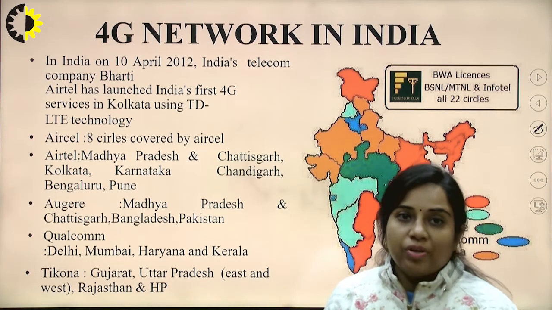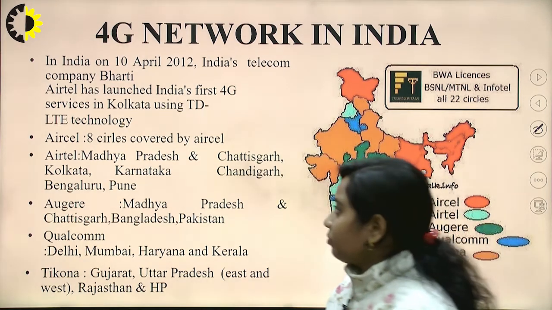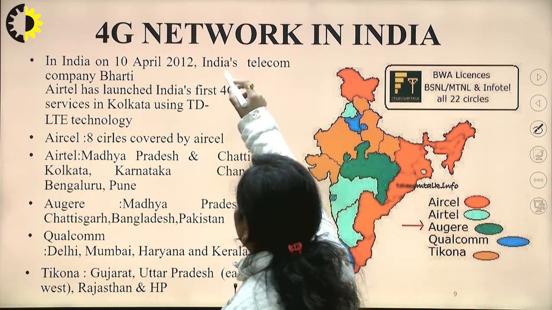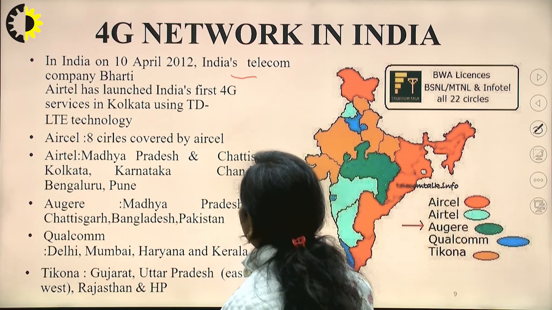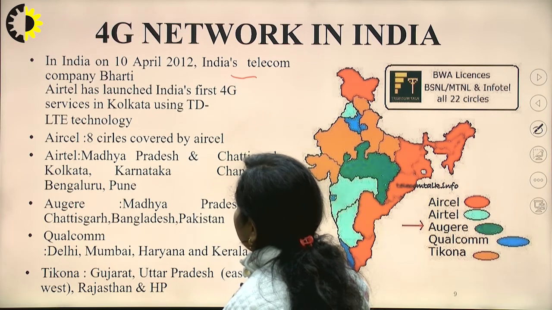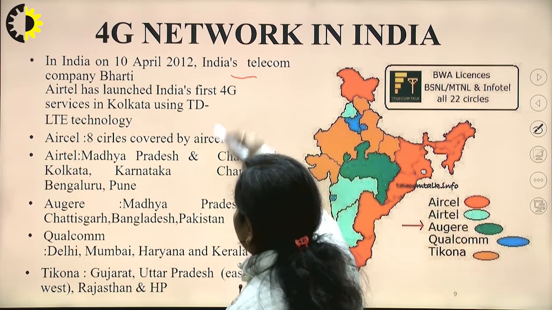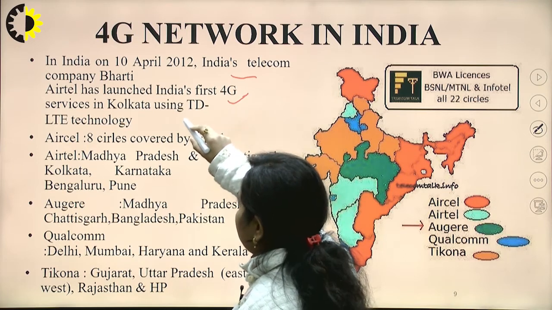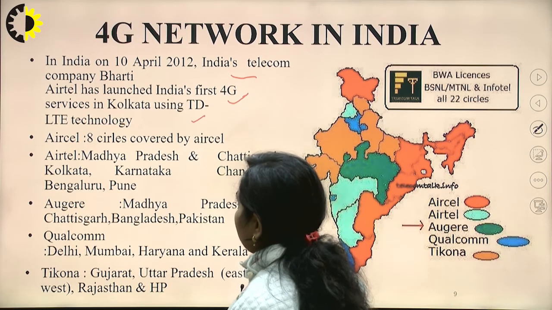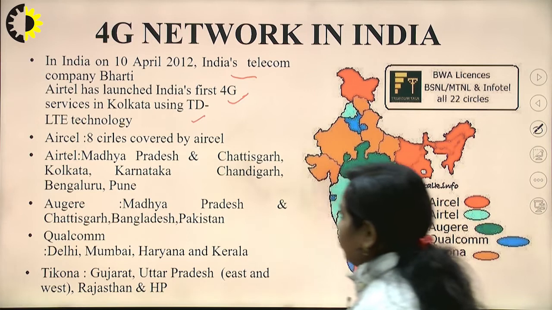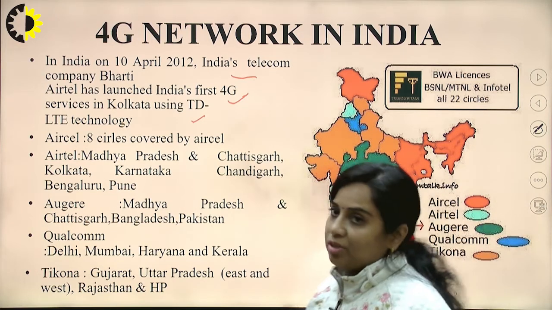Now, fourth generation network in India: on 10th April 2012, India's telecom company Bharti Airtel launched India's first 4G network in Kolkata using TD-LTE technology. What is TD? TD means time division.